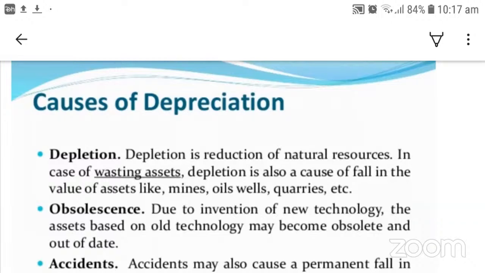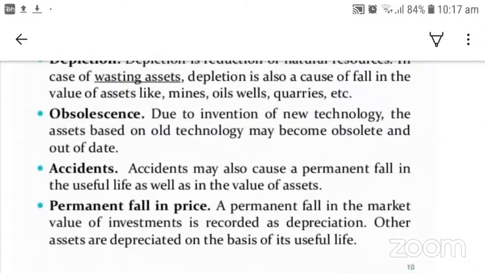This is the reason for depreciation. Accidents may also cause a permanent fall in the useful life as well as in the value of assets. Sudden accidents also create depreciation. The asset will be completely lost forever. That's when depreciation will be charged. Permanent fall in the price.